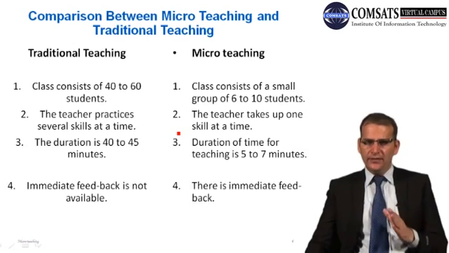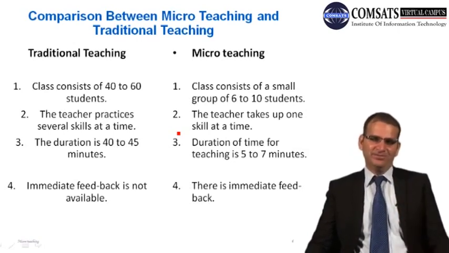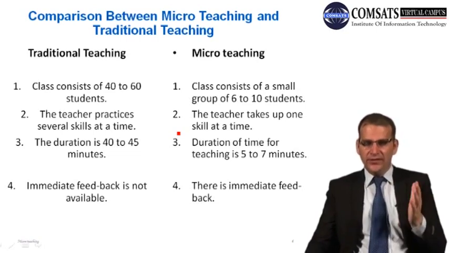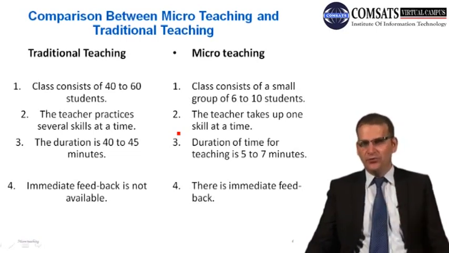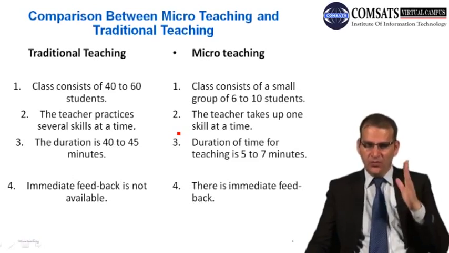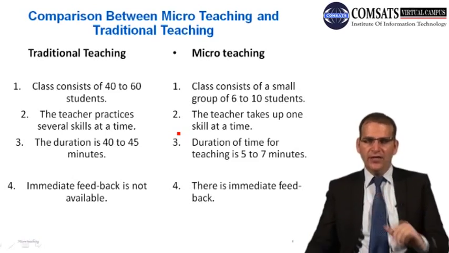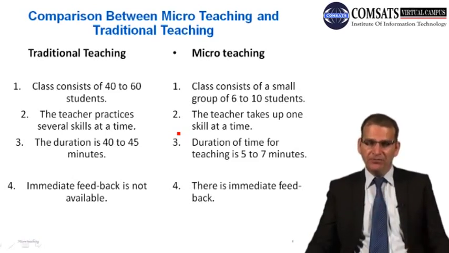Now, the next slide is the comparison between micro teaching and traditional teaching. Clear? Is it the same, or do we need to know the comparison? We compare traditional teaching and micro teaching. On one side you have traditional teaching, and on the other hand micro teaching.